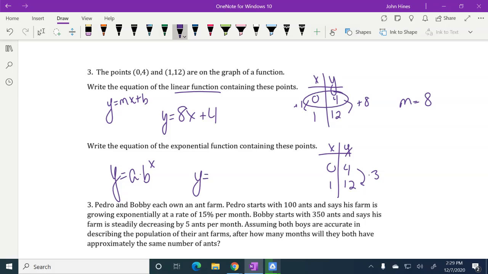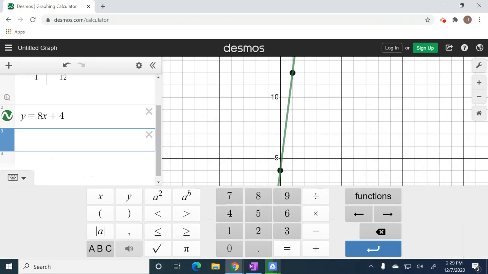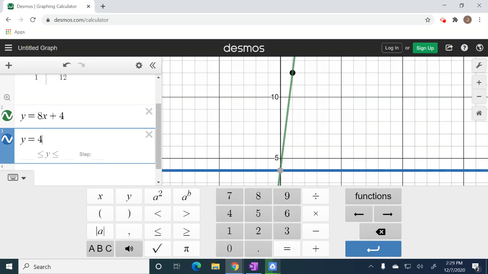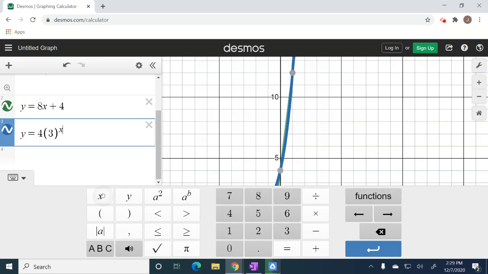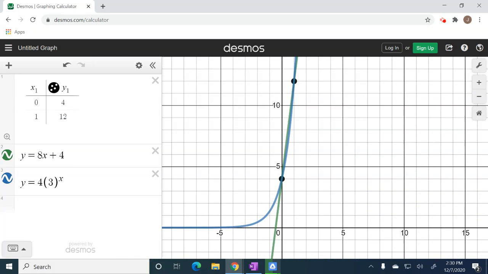So here, my starting amount is 4, just like it was in the linear function, but I'm doing repeated times 3 to the x. So 4 times 3 to the x is this function, y equals 4 times 3 to the x. And we'll see that blue curve there also passes through those exact same points.